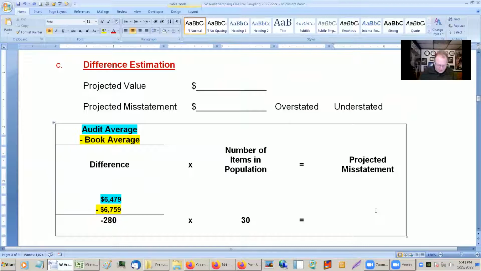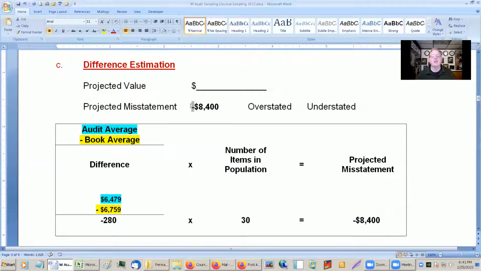8,400. Now notice this one is a little bit different than the first two because we actually go to the misstatement first. So this is going to be the misstatement. This should be subtracted by 8,400. So the misstatement is 8,400 too high.